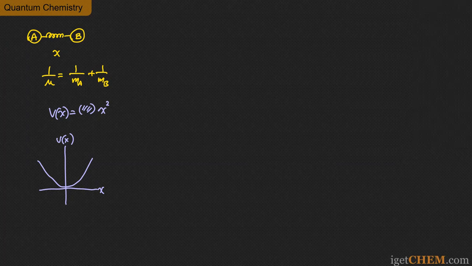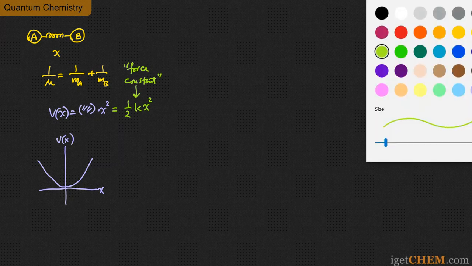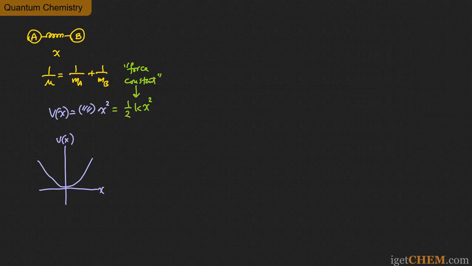Sometimes you will see it written as 1/2 k x squared, where this k is called the force constant, and you sometimes will also see it written another way, as 1/2 times m omega squared x squared, and m is the mass. As we have said, usually we just use the reduced mass mu.